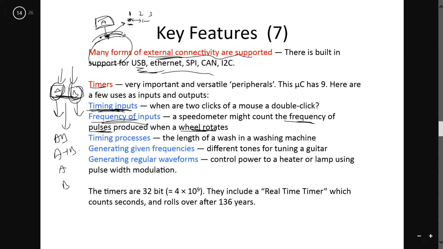So this interval is the frequency, how fast this point reaches the sensor, or in other words, how many times this point meets this line. It's rotating 1 time, 2 times, 3 times.